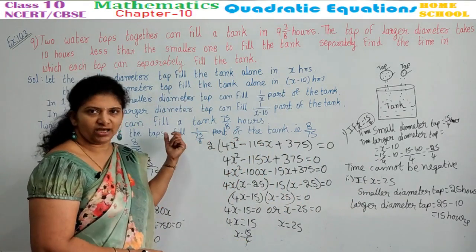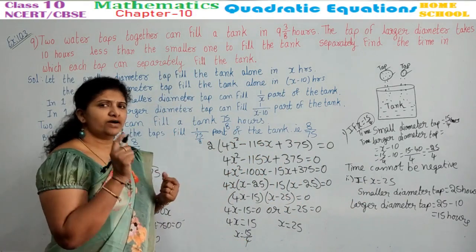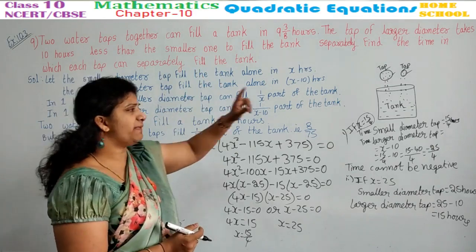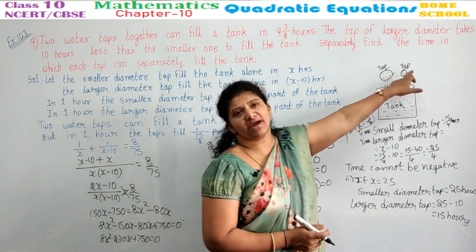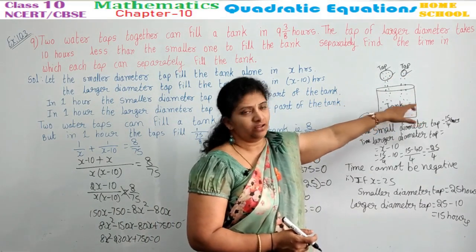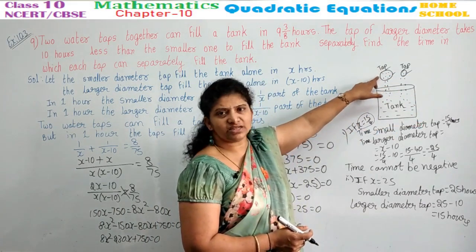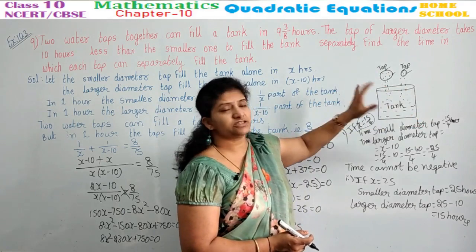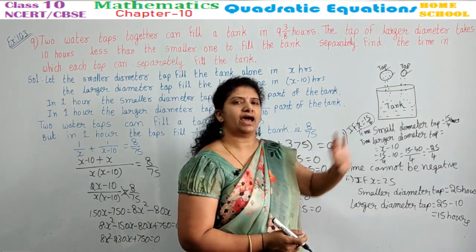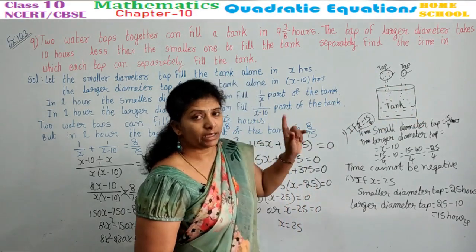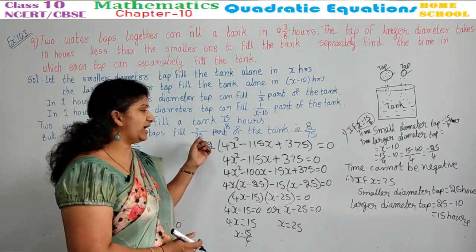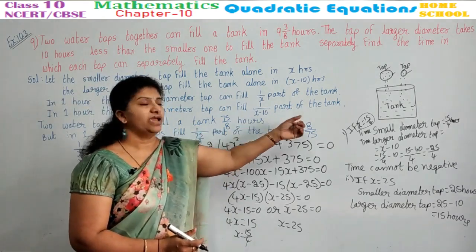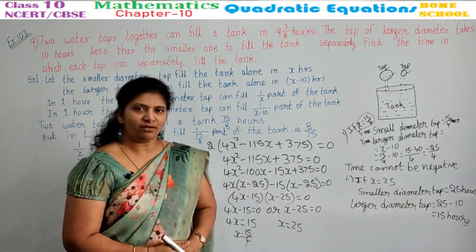Mixed fraction converted. Next, for 1 hour, how much part of the tank is filled? 1 hour, 1 by x part of the tank is filled. And 1 hour, larger diameter tap, 1 by x minus 10th part of the tank is filled. Combinedly 1 hour means 1 by 75 by 8th part means it will be 8 by 75 part.